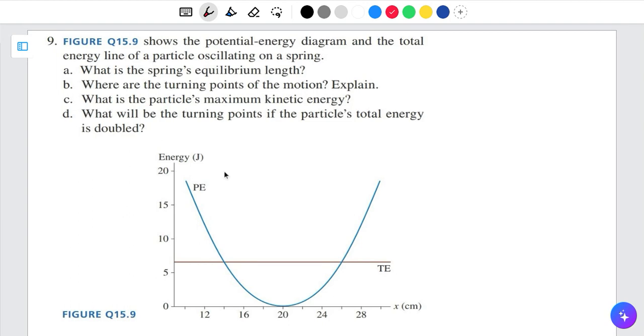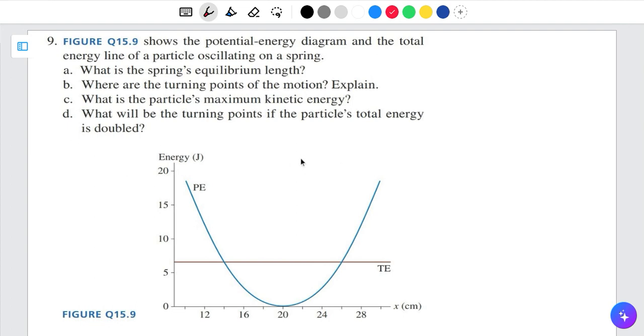Alright, so on this side here we have the energy. This horizontal line is the total energy. We also have the curve for the potential energy, which is drawn like this. The first question is: what is the spline's equilibrium length?